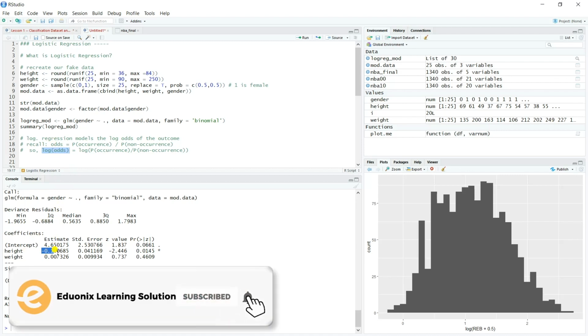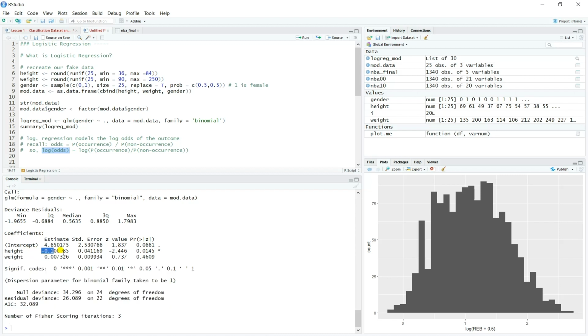And similarly for weight, for every unit of weight increase, the log odds that the individual is a female increases by 0.007. So again, not very much, but that's the way we think about those estimates, right?